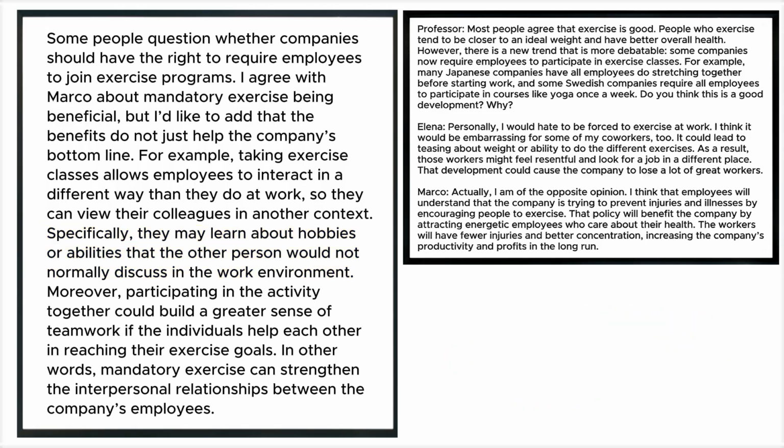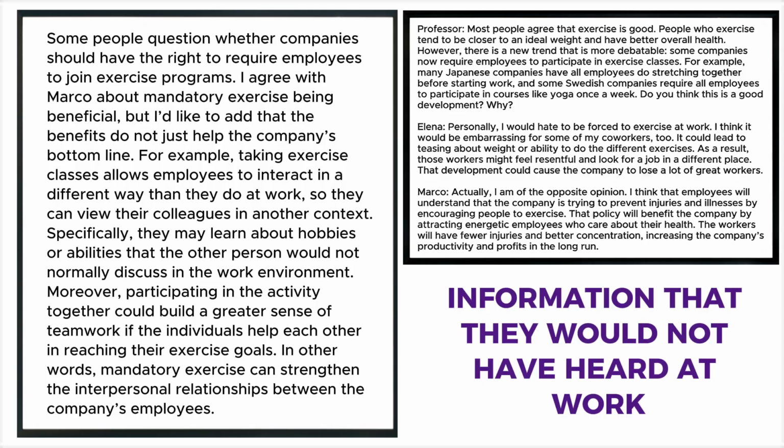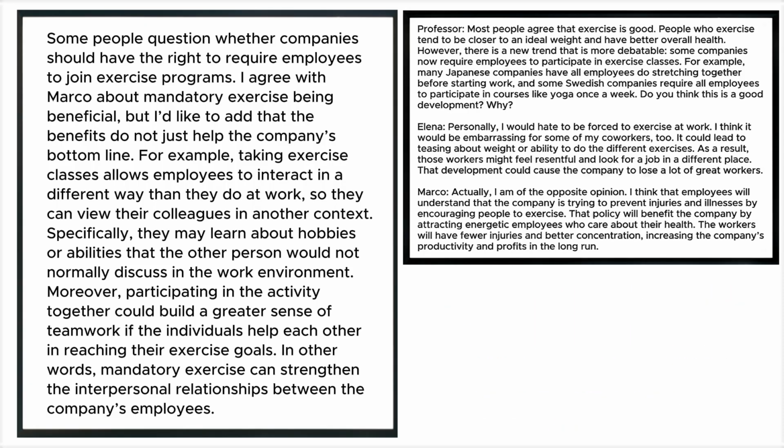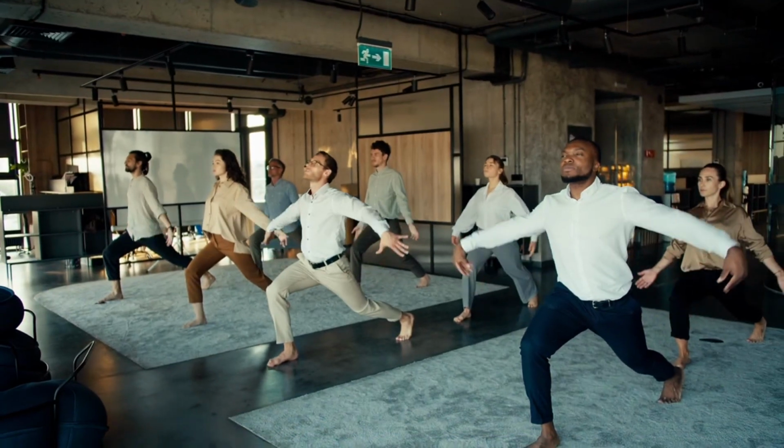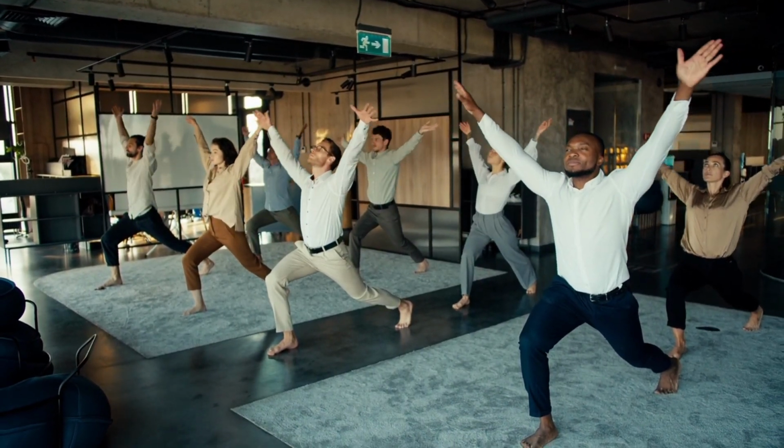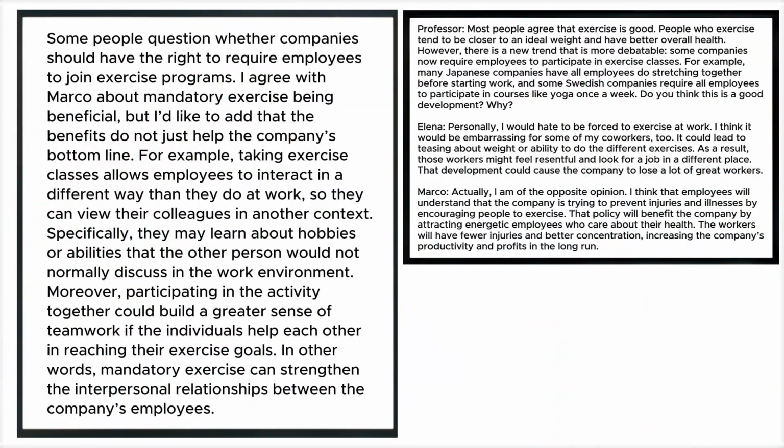Now the reader knows what the employees get, information that they would not have heard at work. I could go on about how that information could develop into friendships or something, but it might make it harder to follow the original idea of mandatory exercise. Therefore, I move on to the next example.